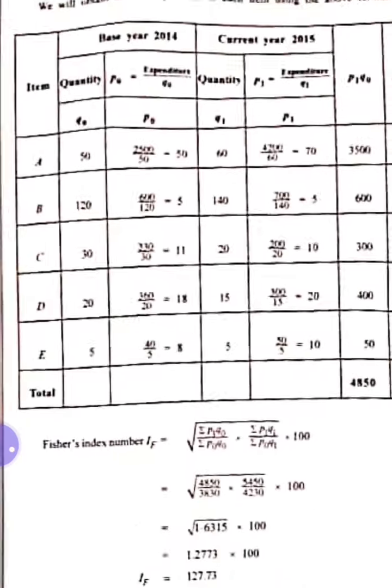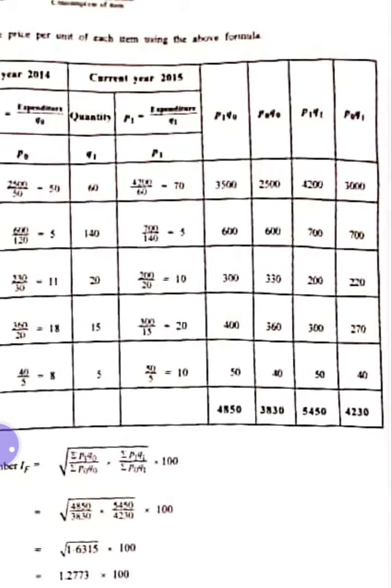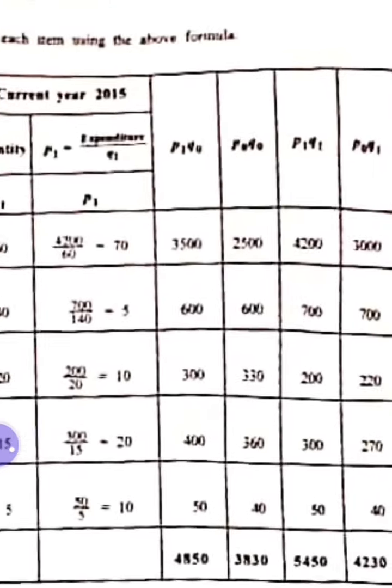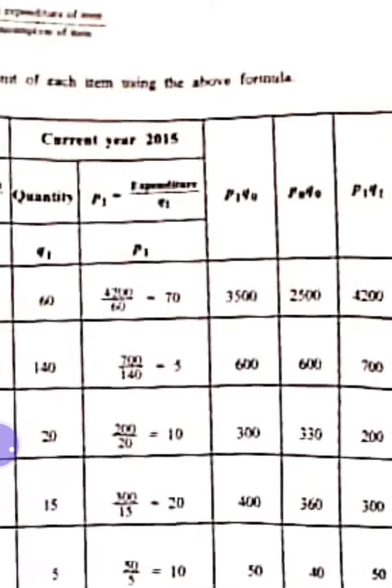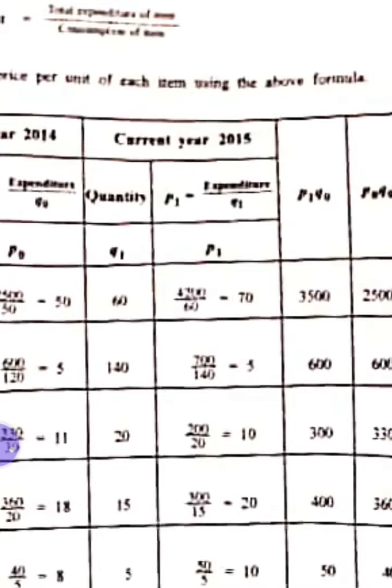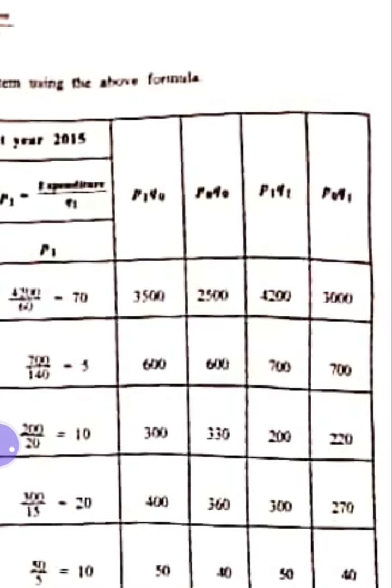Now over here, with the help of all the values that we have found out, we are going to find out P1 Q0, P0 Q0, P1 Q1 and P0 Q1. We are just going to multiply all these columns as per the given values that we need.